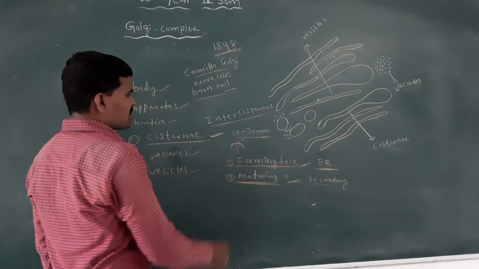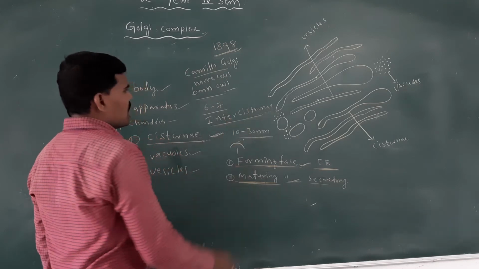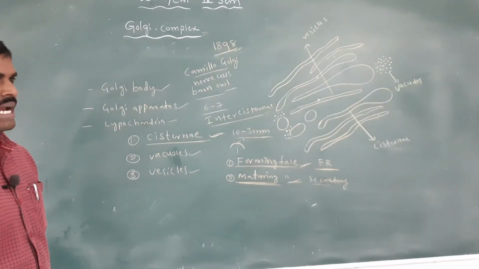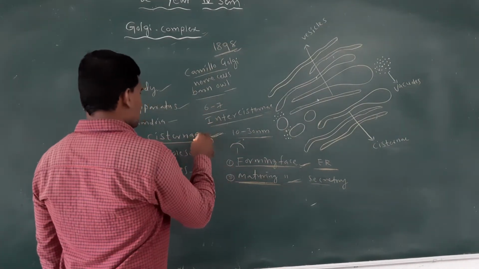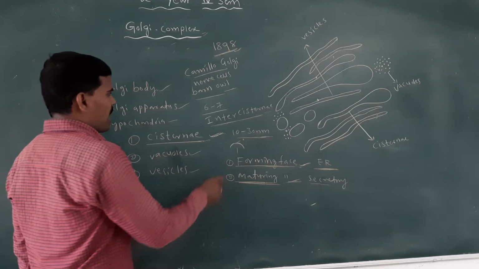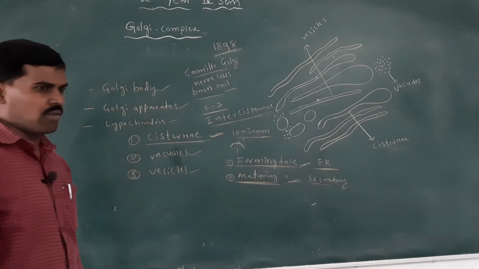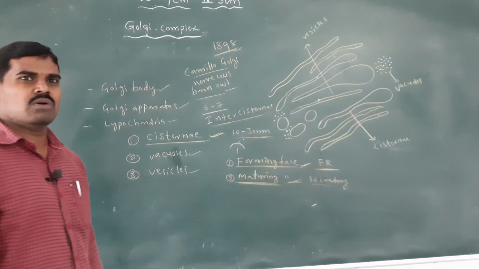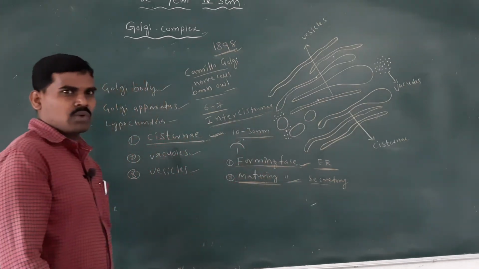There are 6 to 7 cisternae arranged one by one in parallel. Cisternae are present in animal cells and also plant cells, that is, eukaryotic cells.